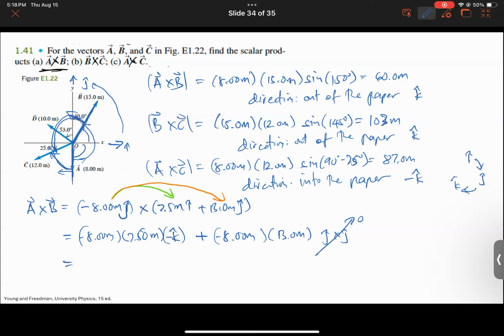Okay, so this gives us 60 meters K hat. Okay? I'll leave it to you to do these other vector products by yourselves, and then I'll show you the solution at the next meeting. Okay.